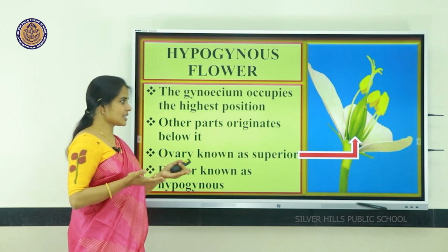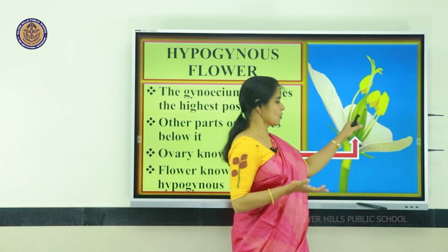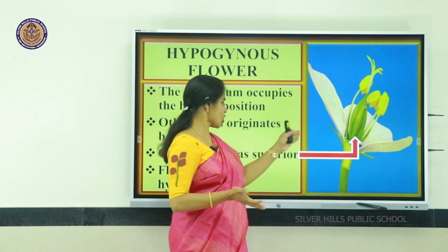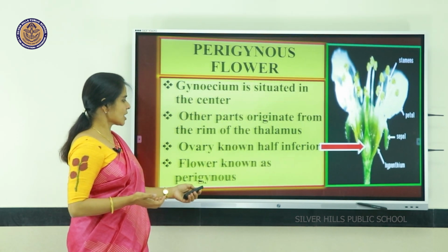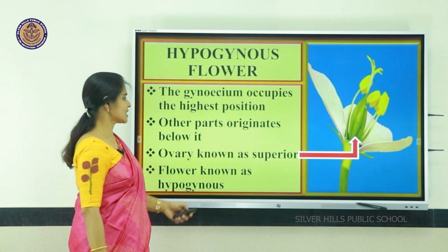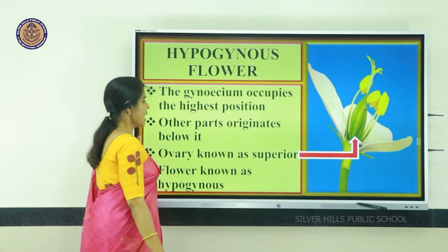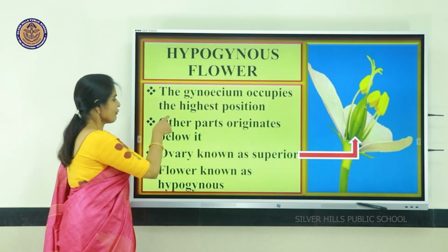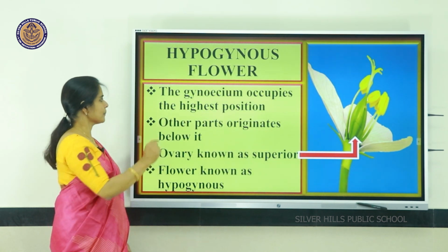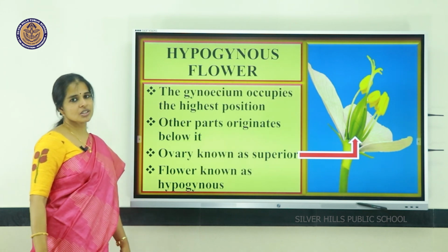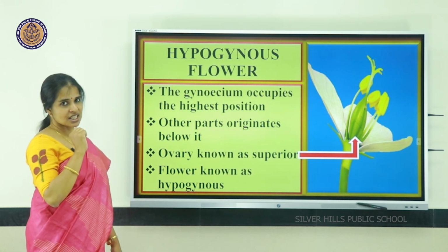In such a case, the ovary seems to be superior. Ovary is on top. All the rest of the parts are originating below it. So, in such a case, when the ovary seems to be superior and the rest of the parts are originating below it, then the flower is known as hypogynous flower.